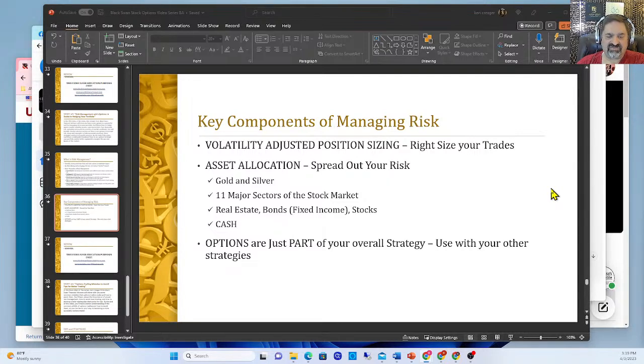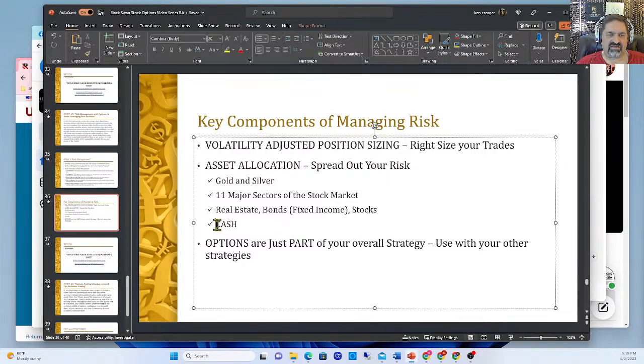Last year in 2022, energy was a big winner. Even though it went down at the end of the year, I think for the year it was still up 30-something%. And technology lost like 30-something%. So you can diversify by investing in different sectors, and then also remember cash.